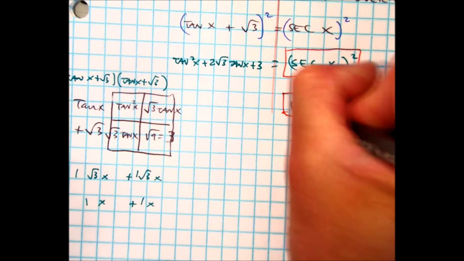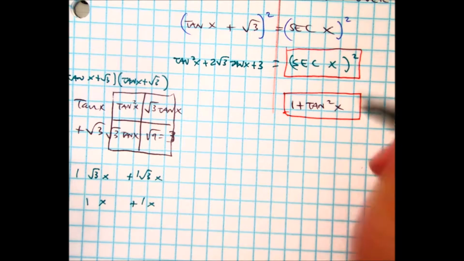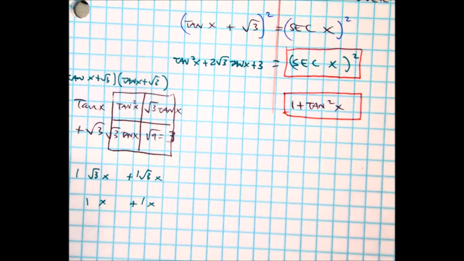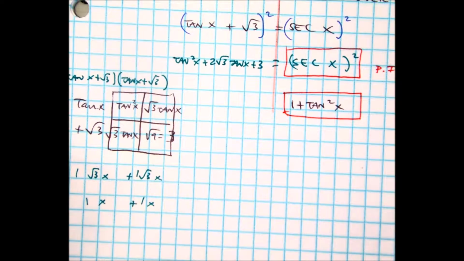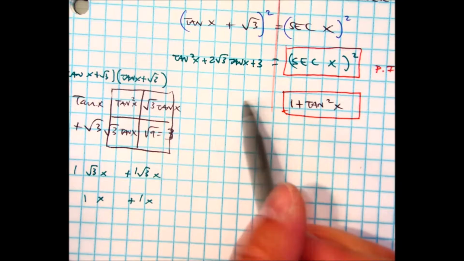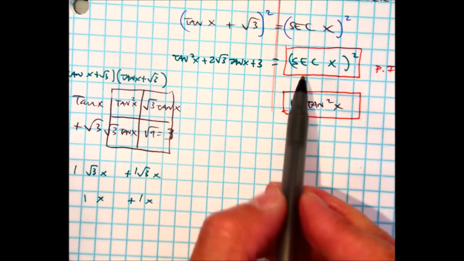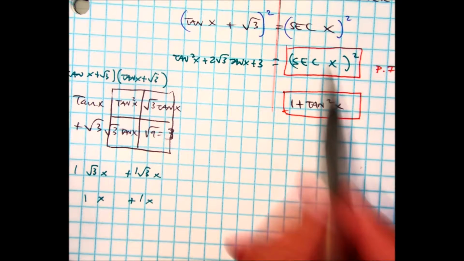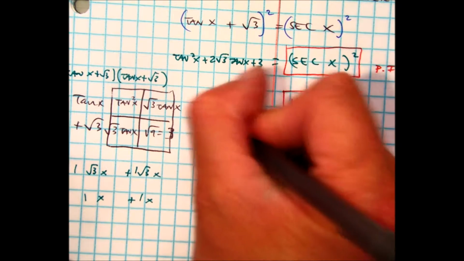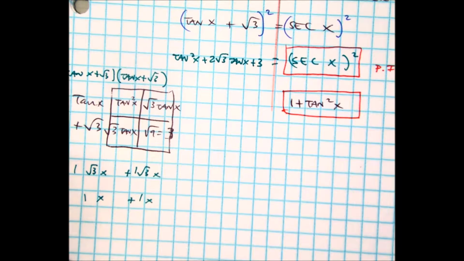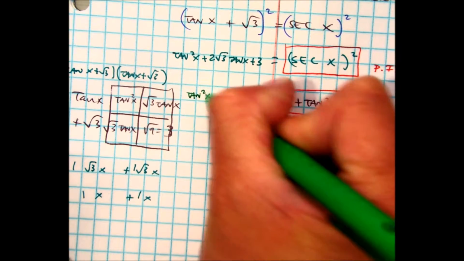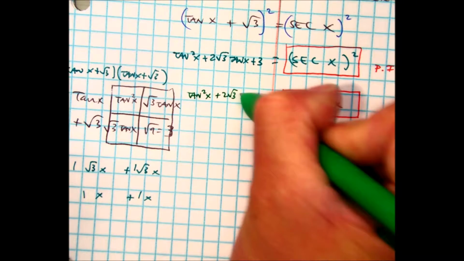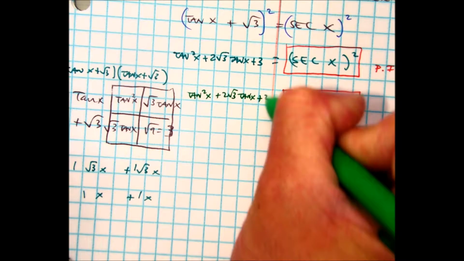One plus tangent squared x. Class, what's the reason why I can do that? A Pythagorean identity. So you should always be thinking, well, are they the same trig function? If they're not the same trig function, can I actually make them the same? Well, we have identities that you can do that. I'm just going to bring this down. Tangent squared x plus 2 radical 3 tangent x plus 3 equals 1 plus tangent squared x.